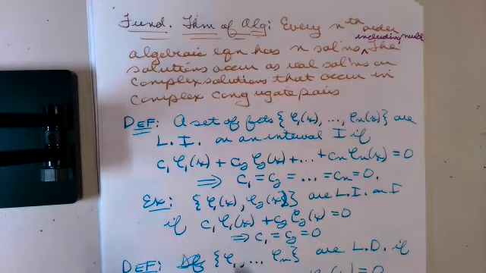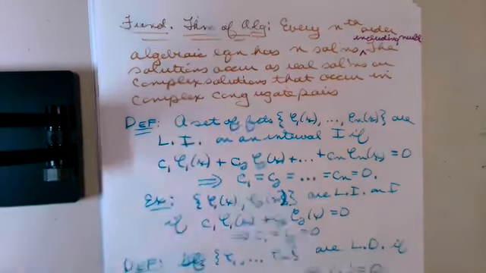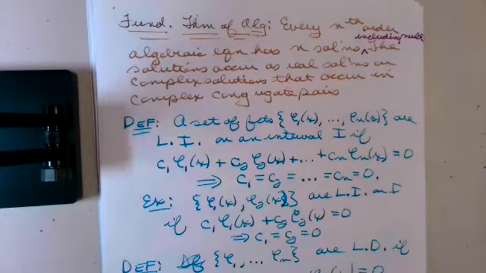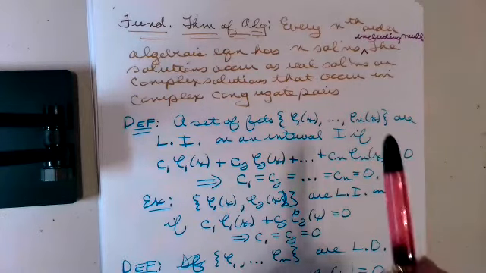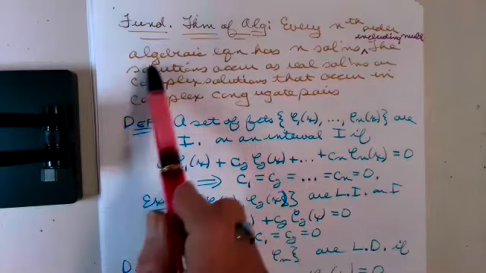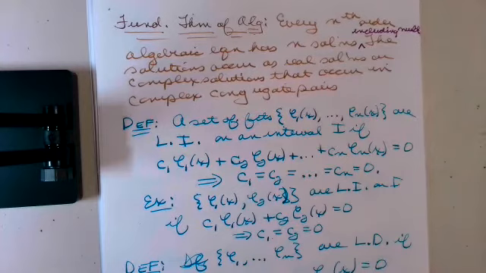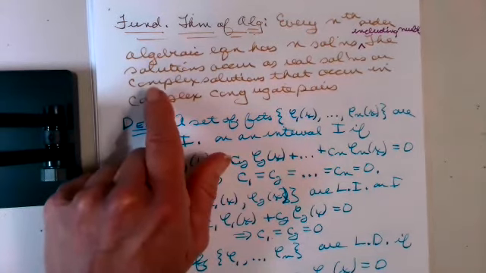But we do have one tool from the general theory of algebra called the fundamental theorem of algebra. It says every nth order algebraic equation has n solutions counting multiplicity. That means you can have a root that appears 4 or 5 times, or any number of times.